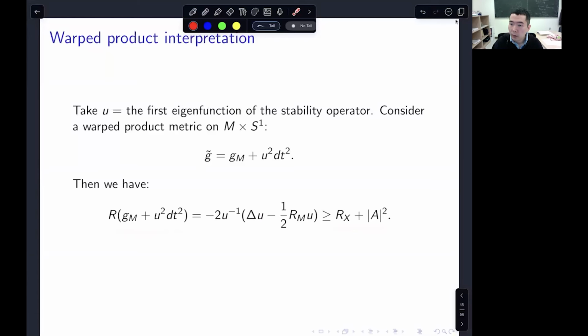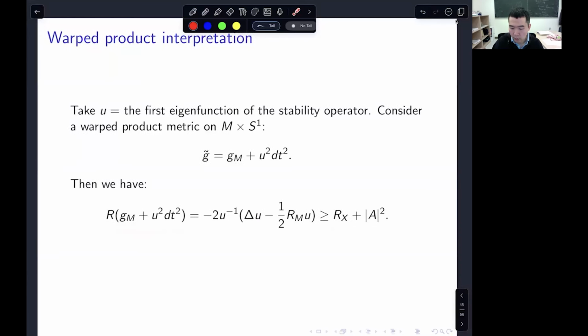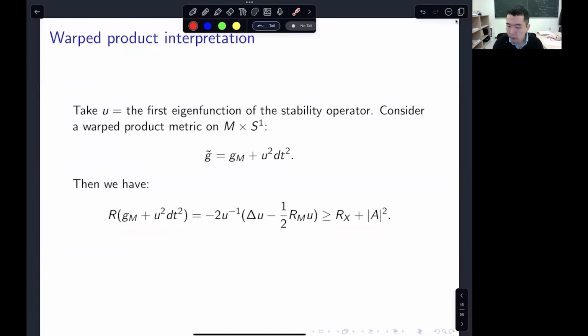So through this warped product technique, we not only gain some new manifold with positive scalar curvature. The additional advantage is that the scalar curvature lower bound is preserved in this process, right? Starting from the original R_X, we get something with even slightly larger scalar curvature.